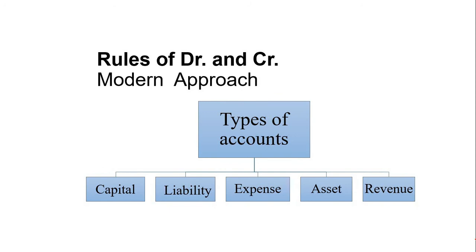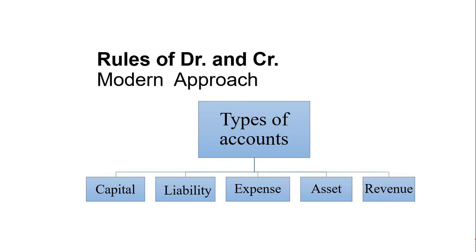Now coming to the rules of debit and credit according to modern approach, and this is the approach which we are going to follow for making journal entries and for classification. Although both the approaches are correct, you can follow any one, but nowadays we follow modern approach.